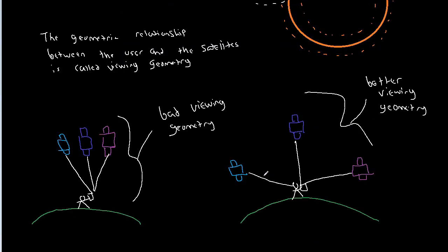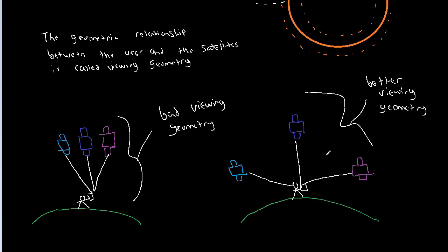And at the end of the video, we talked about the idea that if your satellites are all clustered together, that's bad. That's going to lead to a larger area prediction than if we spread the satellites out in space. So this was a better viewing geometry because the satellites are more spread out.